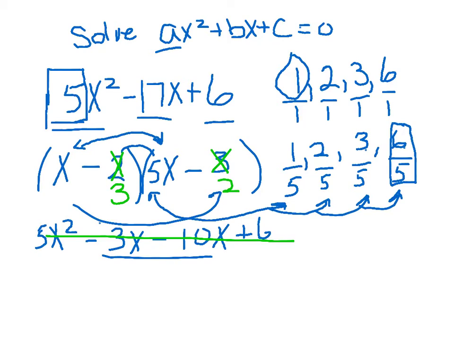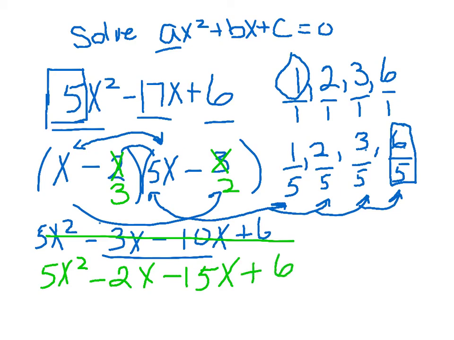So x times 5x is 5x squared. x times negative 2 is negative 2x. Negative 3 times 5x is minus 15x. And then negative 3 times negative 2 is plus 6. So this does simplify back to here.